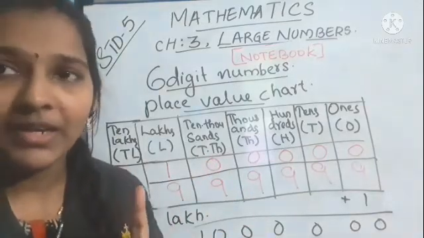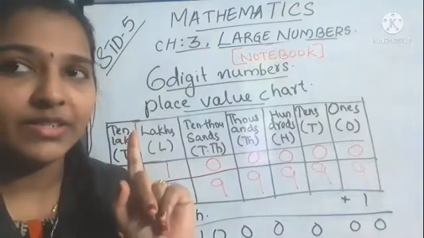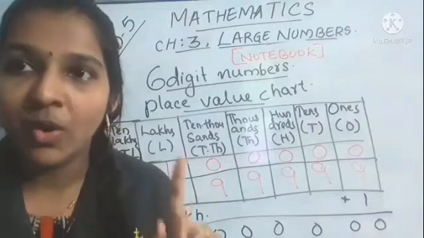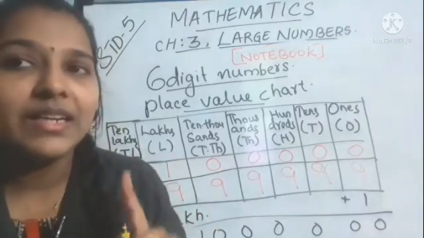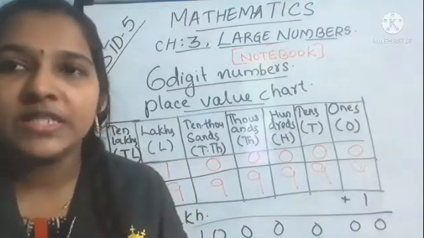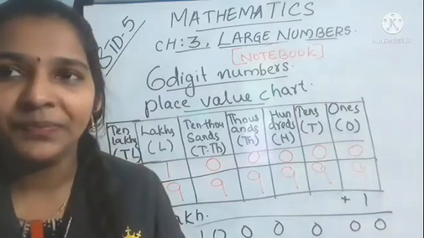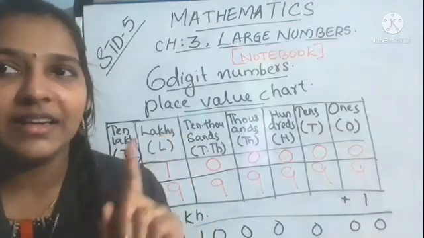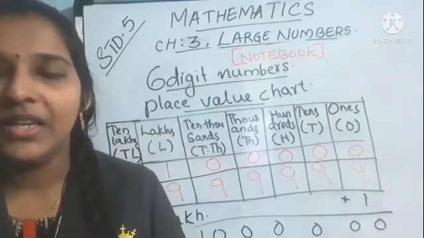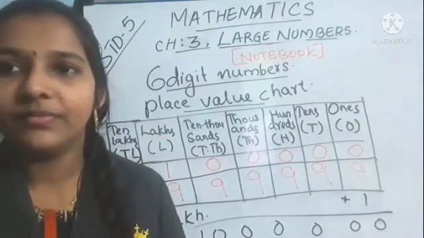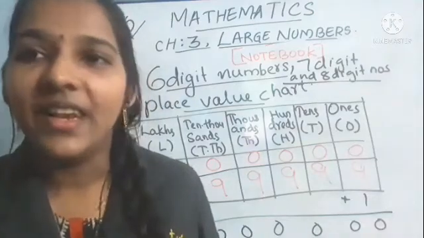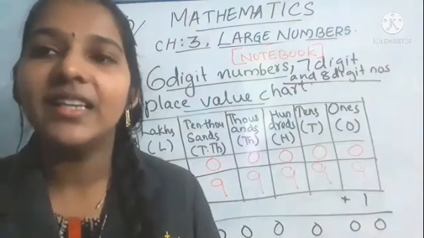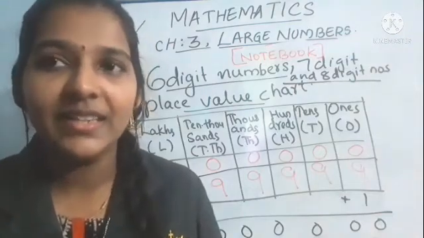Keep in mind, the smallest 7-digit number is 10 lakh. And do you know which is the largest 7-digit number? That is 99,99,999.